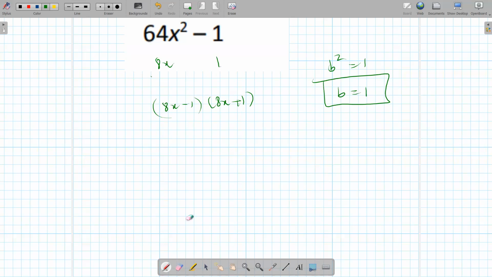Here's a better question. What if, instead of 64x squared, I did 64x to the power of 4 minus 1? Now what is a? B is still 1, but what is a?